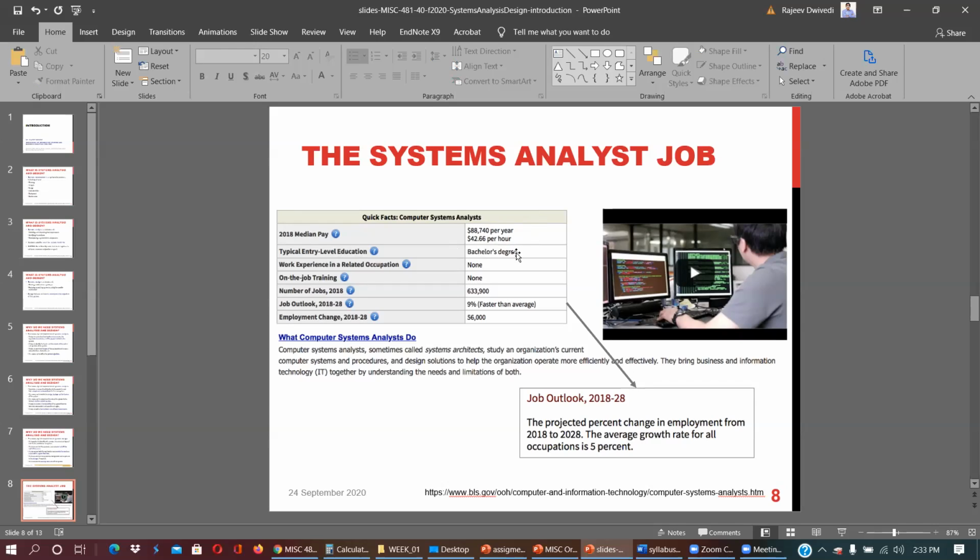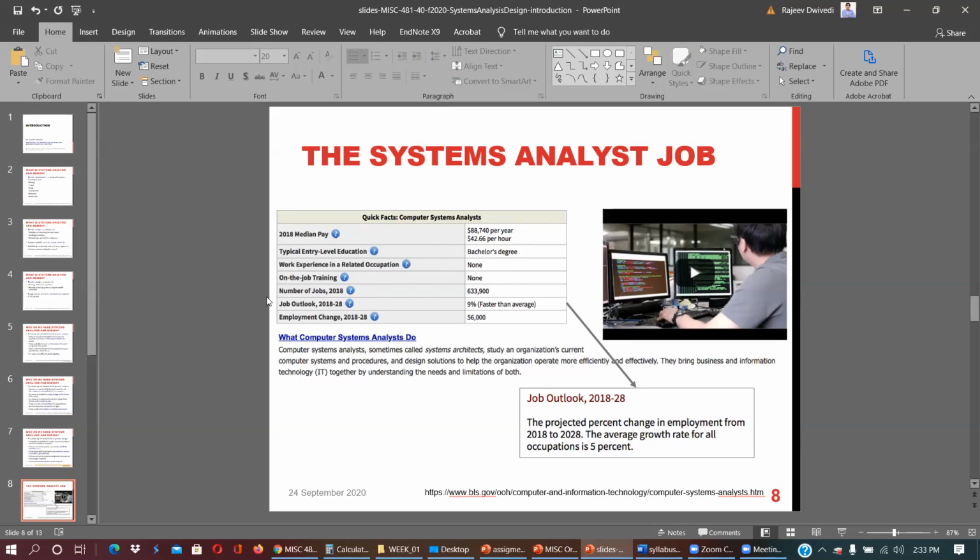The typical requirement is a bachelor's degree, which you are going to accomplish. Work experience: freshers without work experience can opt for this job, or they can get into this job.